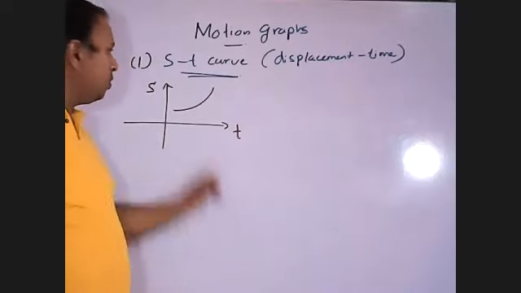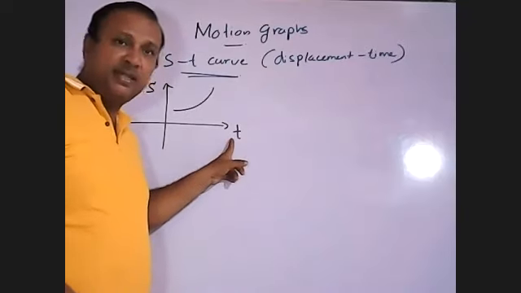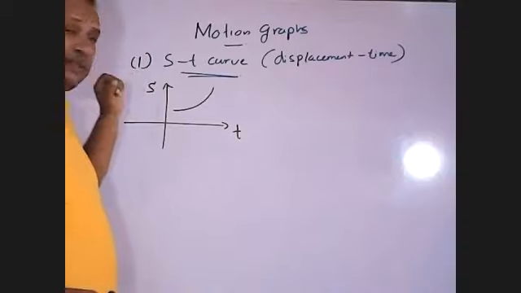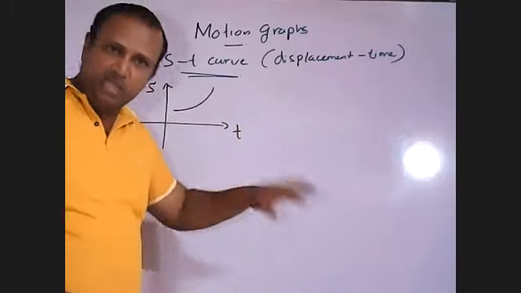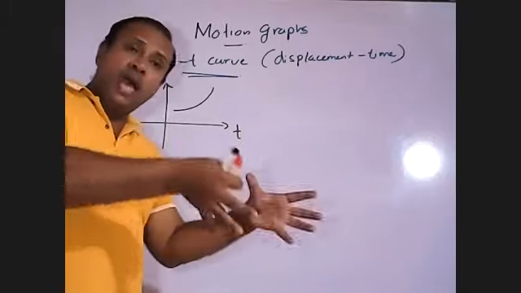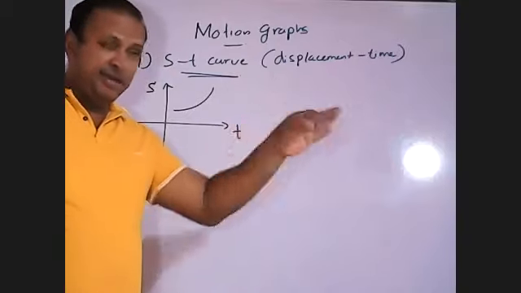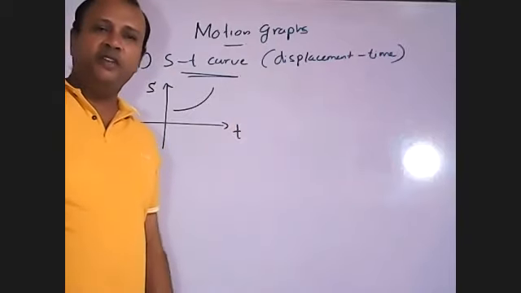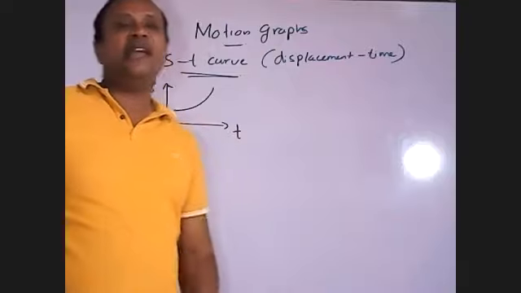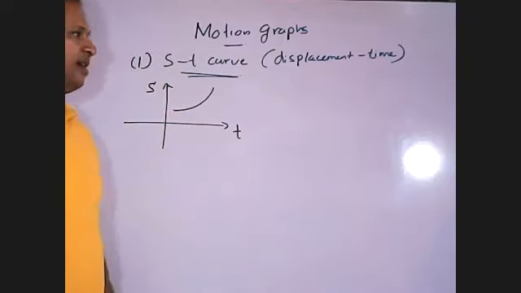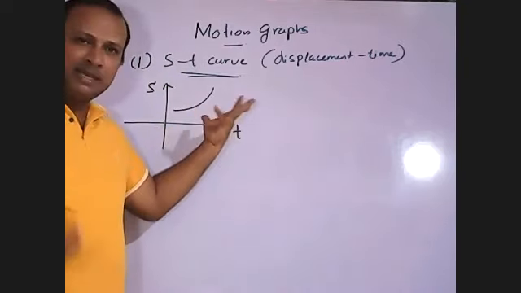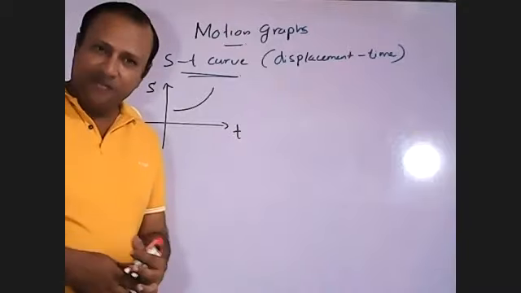Okay. Now, x-axis represents time, while the y-axis represents the displacement. Then you have to determine the physical quantity, which is represented by the gradient. Okay. So what is the gradient? It is equal to velocity.